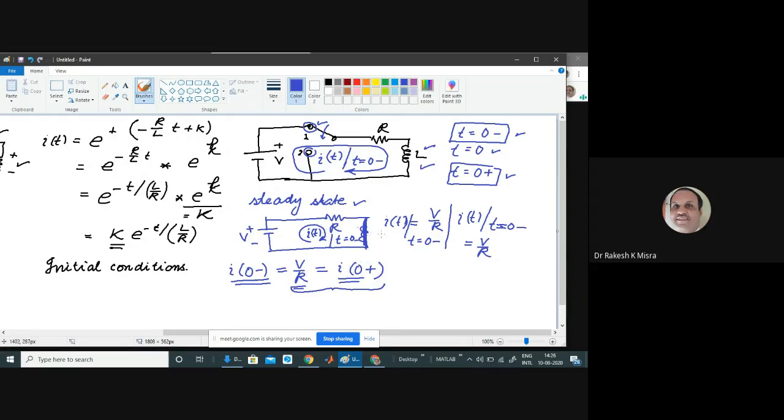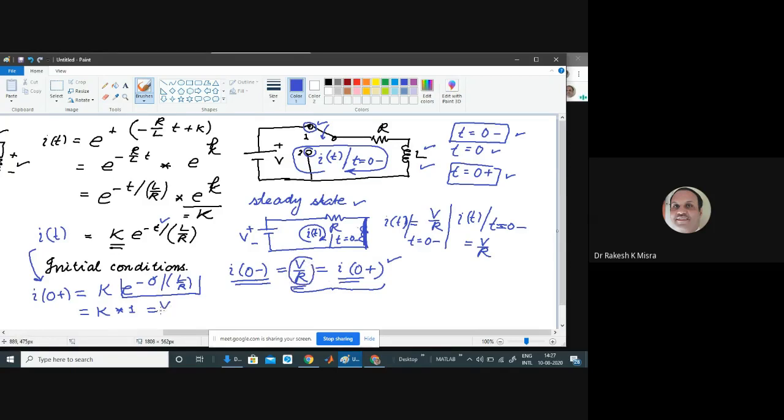So if we substitute this condition here, with t equal to 0 plus, then here also we substitute t, so it will be k e to the power minus 0 divided by L by R. This substitution of 0 makes this expression 1, and we are left only with k into 1, and this is equal to V by R, as we have seen here.